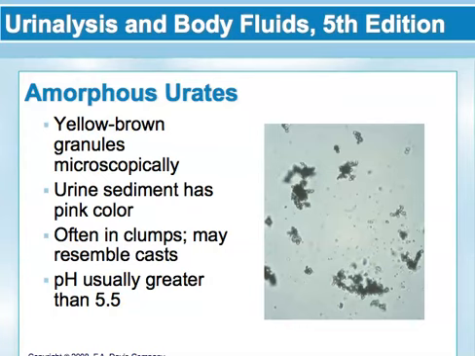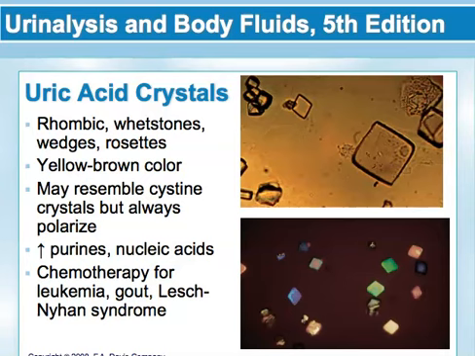Amorphous urates will only appear in acid urines with a pH greater than 5.5, which is not true for uric acid crystals, which can appear in urines with a pH less than 5.5. Okay, and then your uric acid crystals, these can come in several different shapes, including rhombic, which is a parallelogram, four-sided flat plates known as whetstones, wedges, and rosettes.